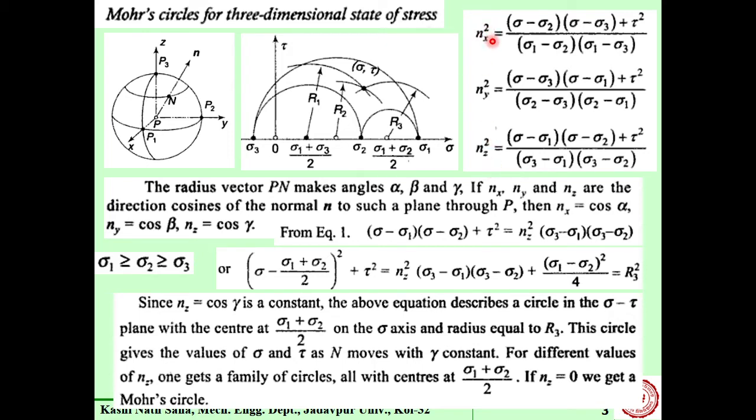This is the cos of the angle between the direction cosine direction and the x direction, that is the value of nx. If nx is fixed, nx is cos theta x, where theta x is the angle between this outer normal direction and the x-axis direction.